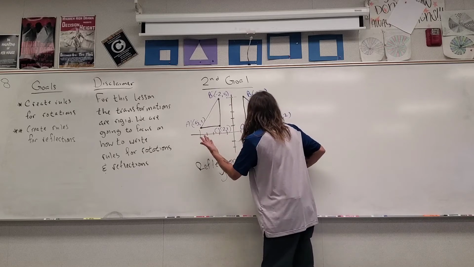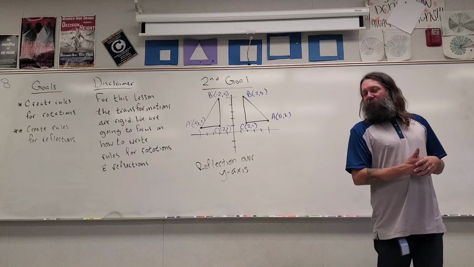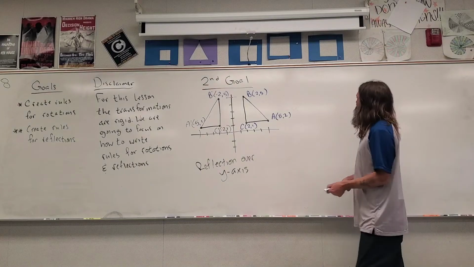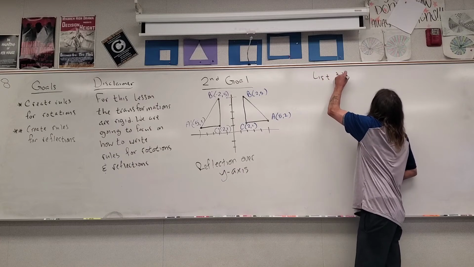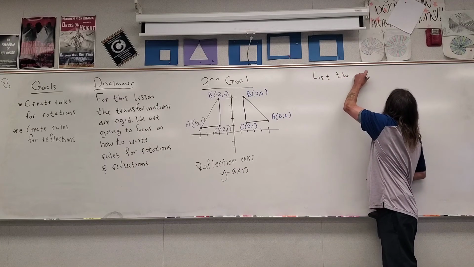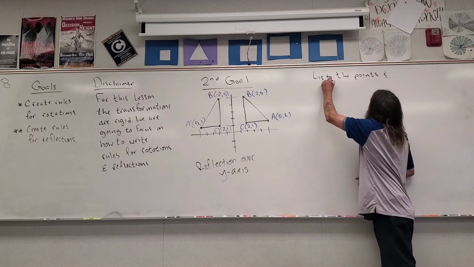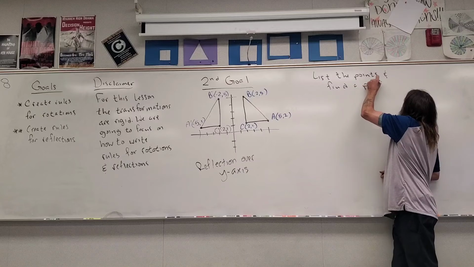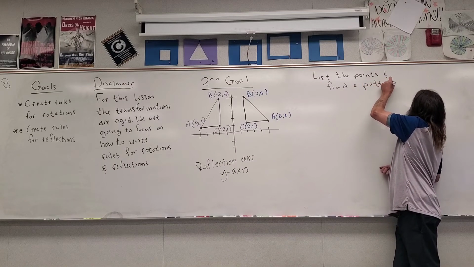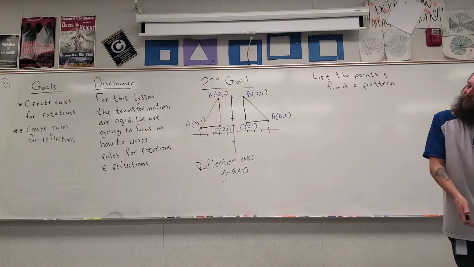So we're reflecting. So just like before, what we're going to do is list the points and hopefully we can find a pattern. So list the points and find a pattern. I should have also written this for the first one, so it would be a really good idea for you to add that to that first example.